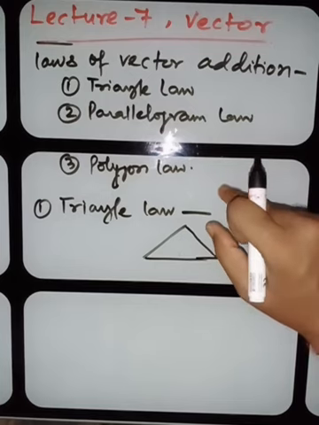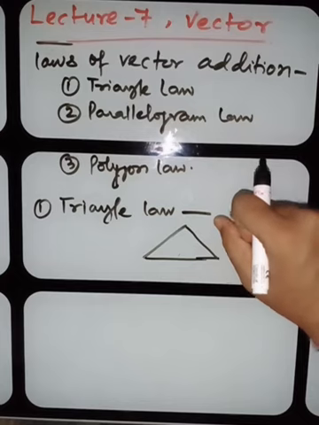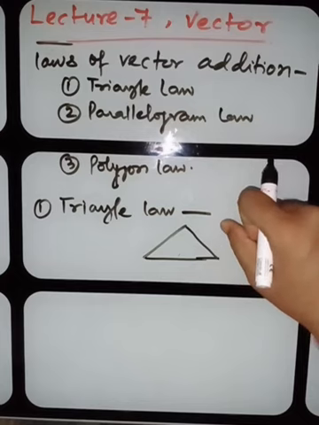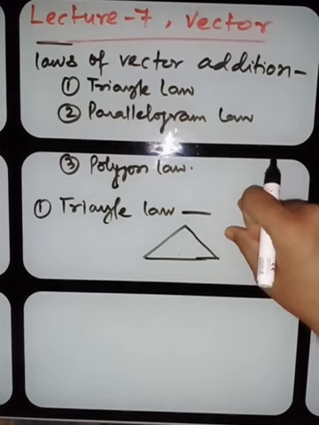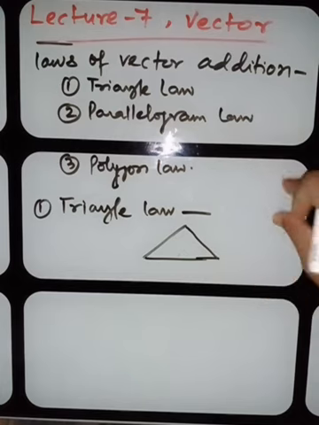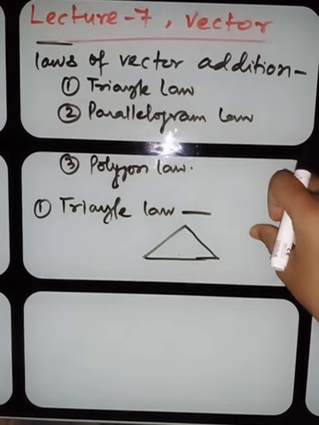The two vectors must be represented in the same flow, and the resultant will be in the opposite flow. Okay, students? This is the statement of this law.